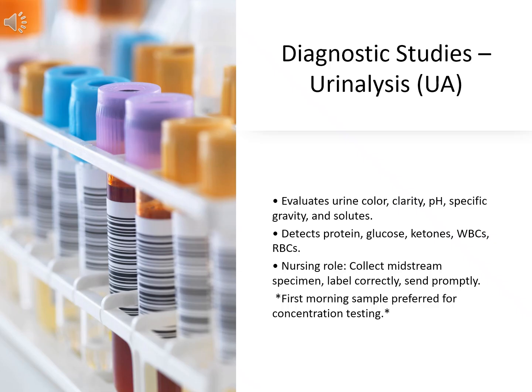This urine needs to be kept in a giant jug, and usually it's kept on ice so that no abnormal bacteria will grow in that urine. So just remember, you may see that where they're collecting a 24-hour urine collection and it's kept on ice, so kept cold, and over 24-hour period.